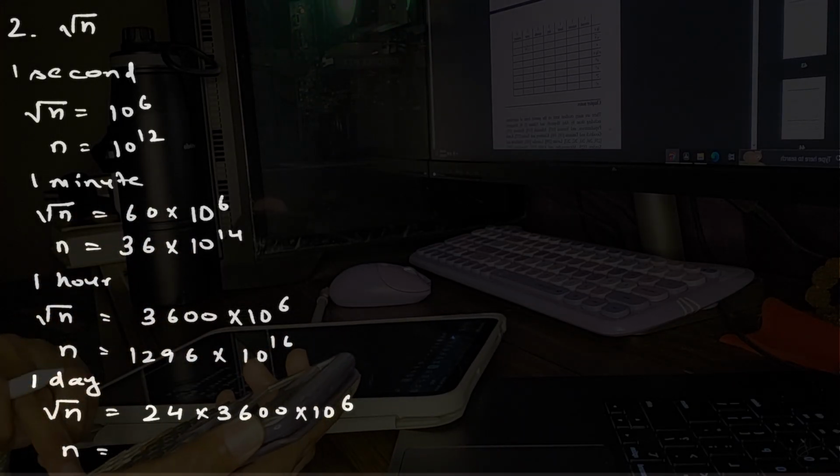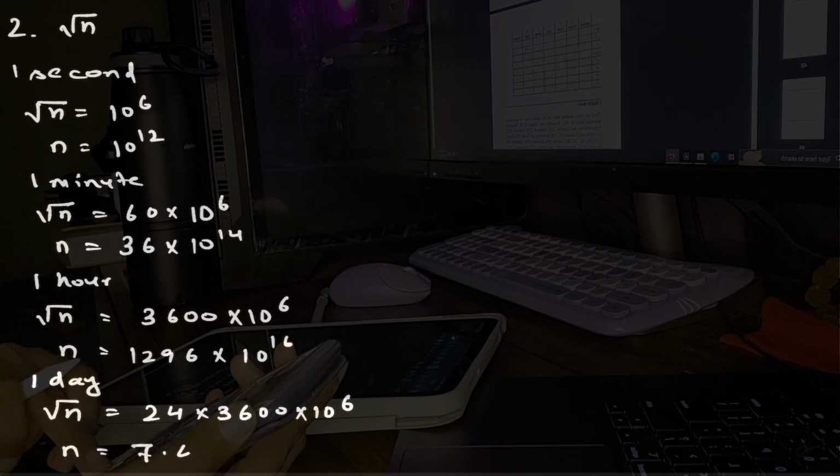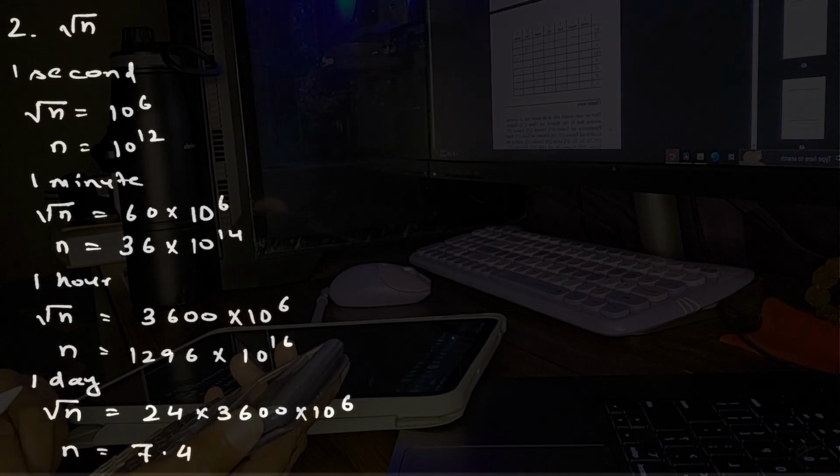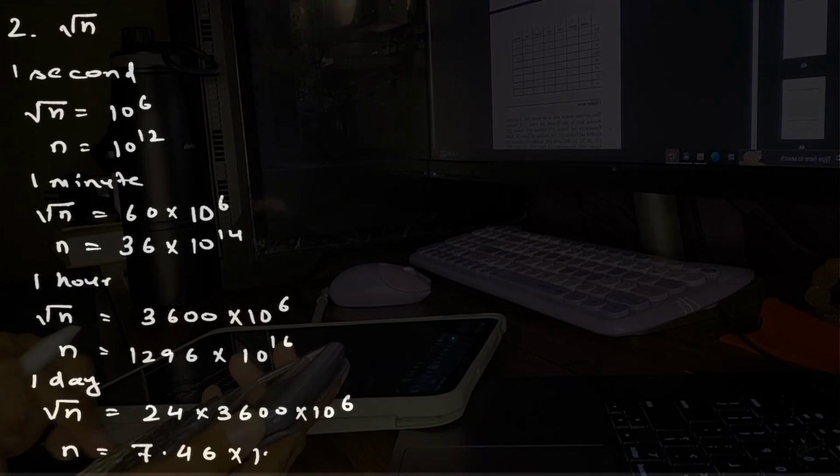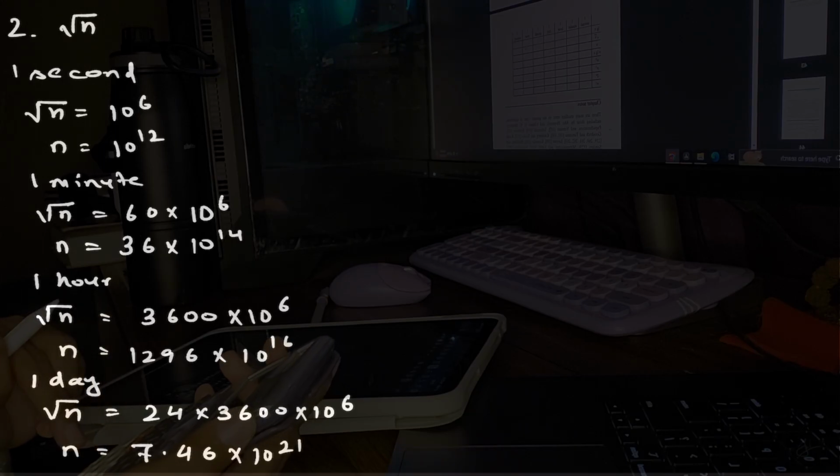The square of the answer is nothing but 7.46 into 10 to the power of 21. That is for a day.